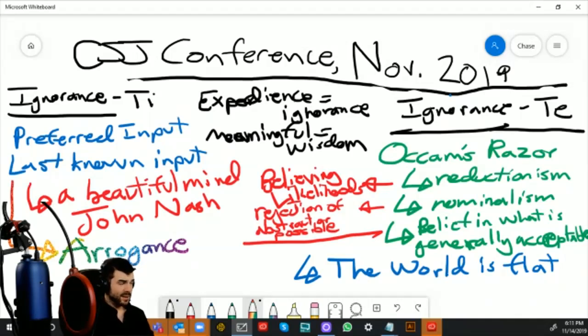And based on that belief, because it is actually a belief, right? Based on that principle or belief, based on that premise, you could kind of see how interesting it is how mankind, especially when it comes to thinking, is still ignorant, regardless if they're a TI user or a TE user.